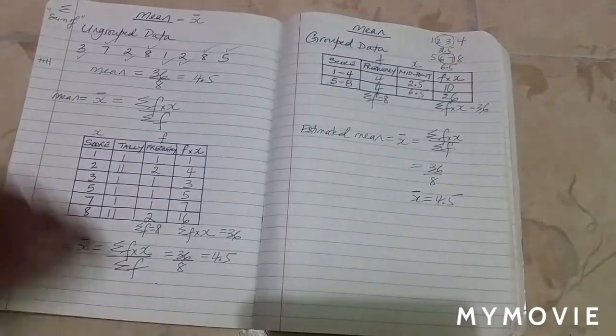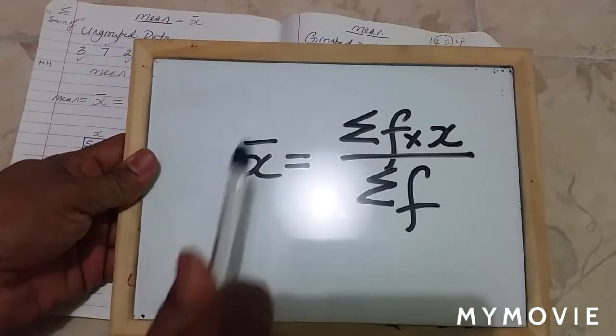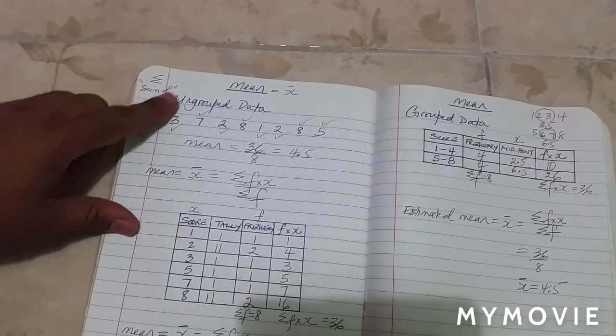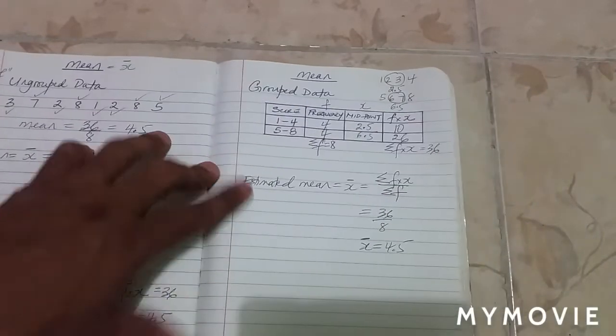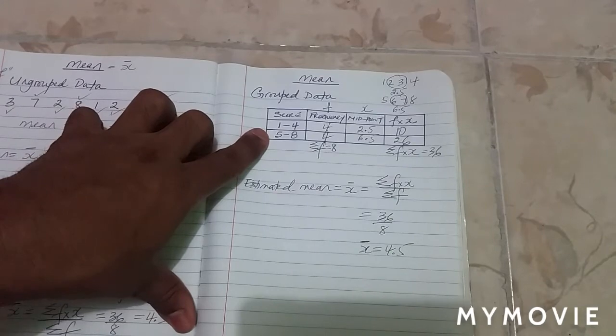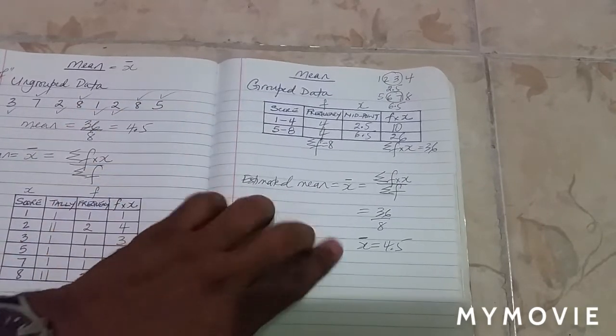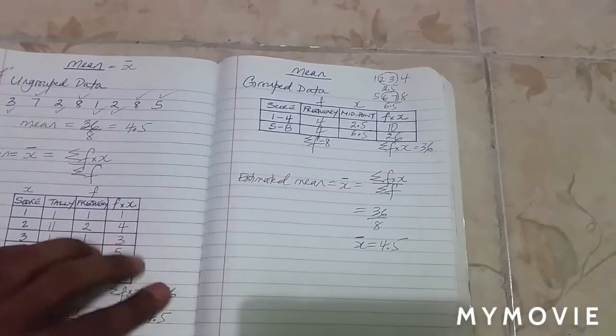So what is the emphasis? Understanding this formula, which represents the mean. And also, we can clearly find the mean of ungrouped data, and we can also estimate the mean of grouped data. Okay? And that is what this formula is all about.